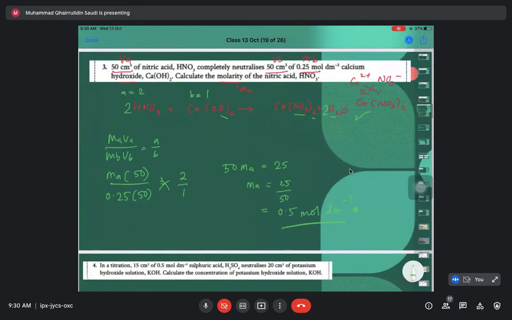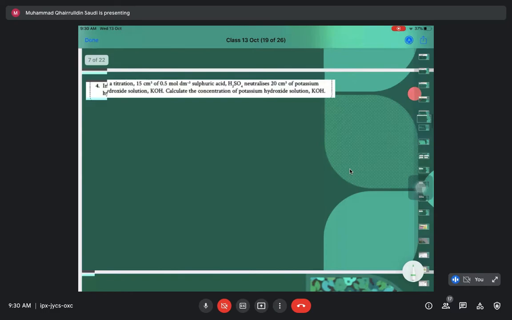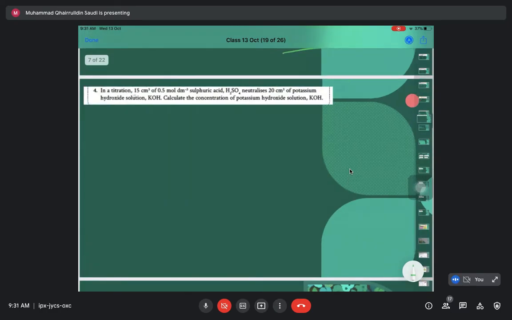Alright. Yes. Quickly. In a titration, 15 centimeter cube of 0.5 mole per dm cube acid, so this is A and A, neutralize 20 centimeter cube of potassium hydroxide, B. Calculate the concentration of potassium hydroxide, MB. Again, write the chemical formula.